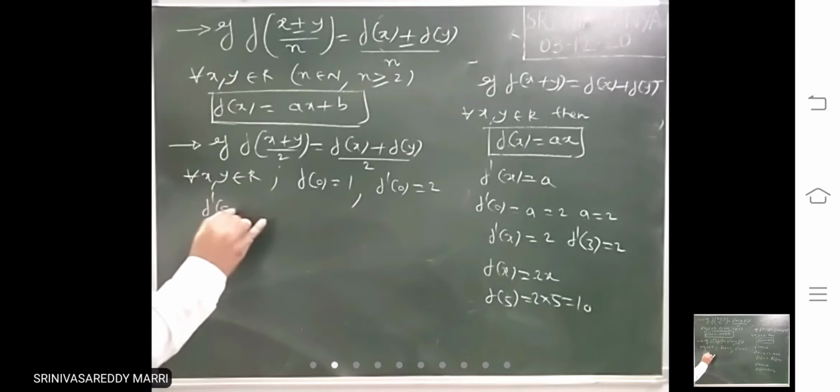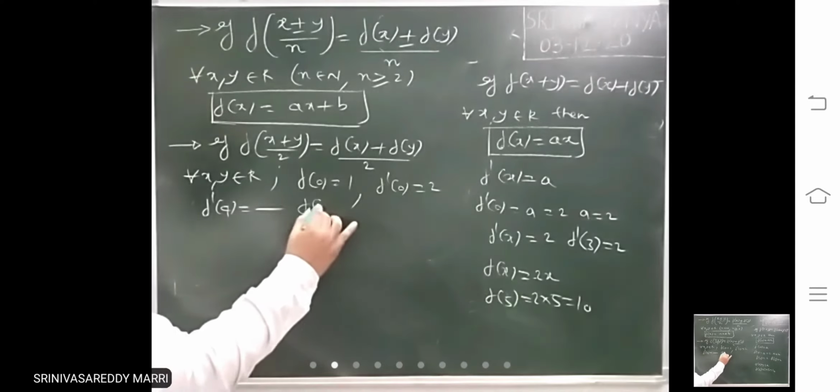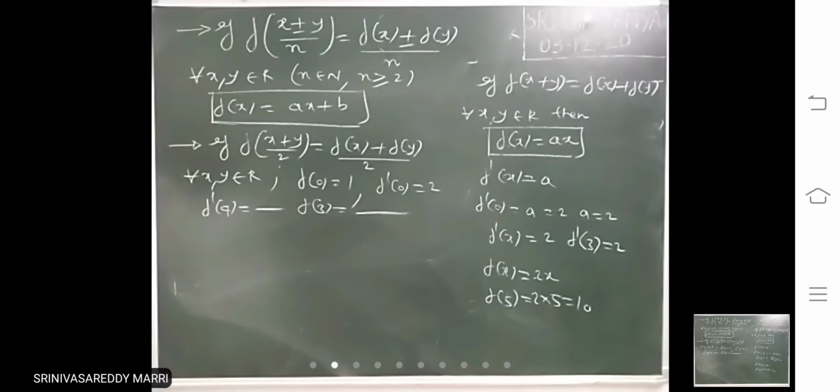Like this given, find f dash 4 and f of 3. Take this problem.